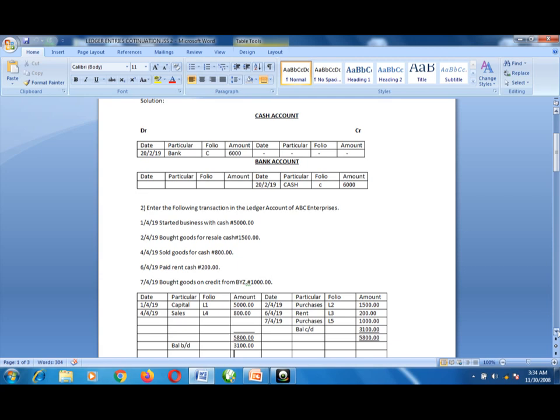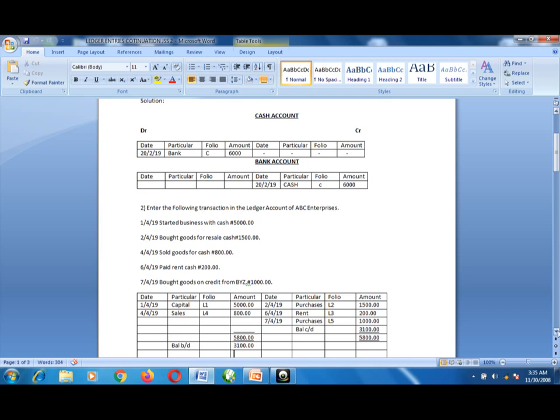When you total everything, then you deduct it from 5,800 at the debit side. That means he's still having 3,100 naira. He has spent 2,700 naira out of 5,800 naira with him. That is 5,000 naira capital and 800 naira sales.